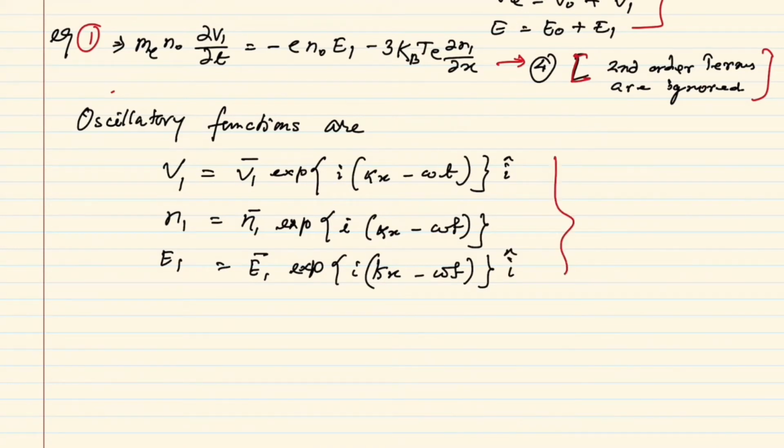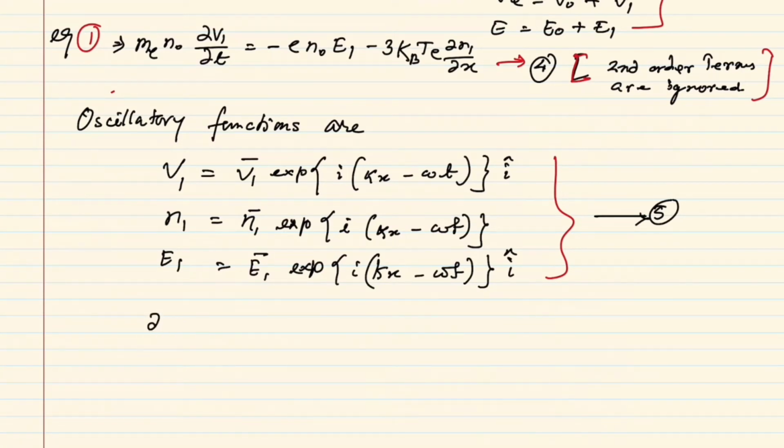So let us consider this set of equations as equation number 5. I have already shown how to obtain from these equations those terms by which we can replace del del t and del del x.